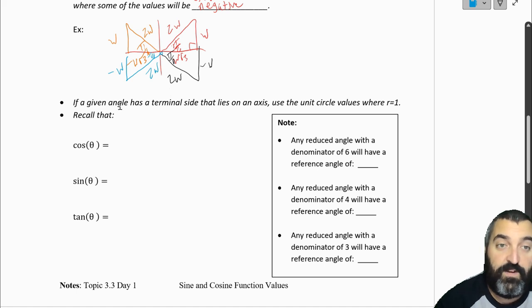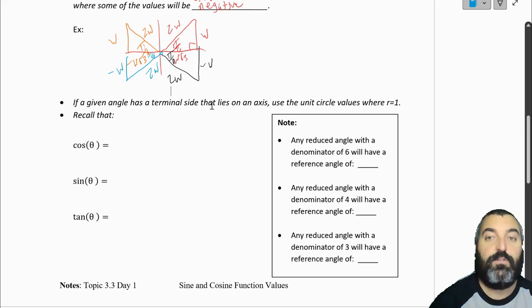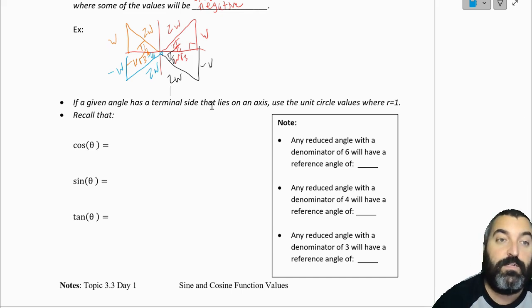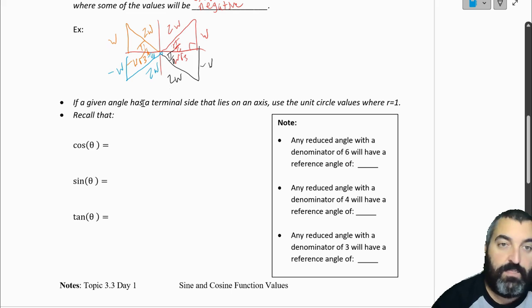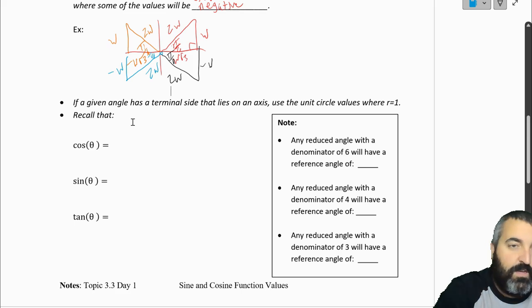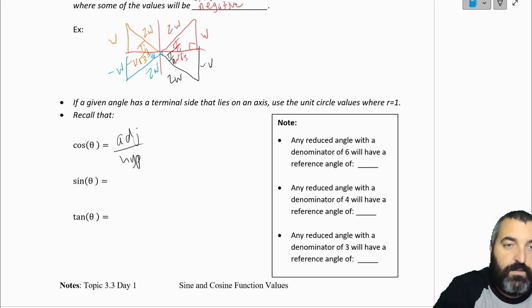So if a given angle has a terminal side that lies on an axis, use the unit circle where r is 1. This is the special case when you can't form triangles. And then the last thing here is just to recall, cosine is adjacent over hypotenuse, sine is opposite over hypotenuse, and tangent is opposite over adjacent.